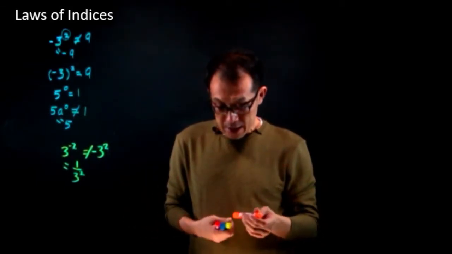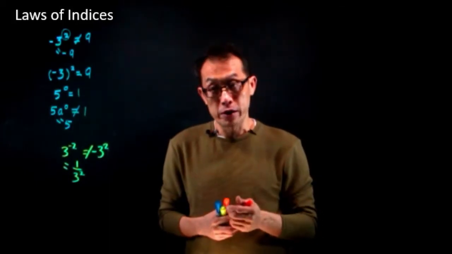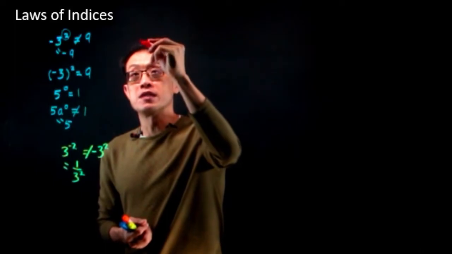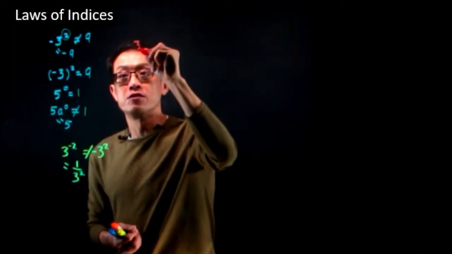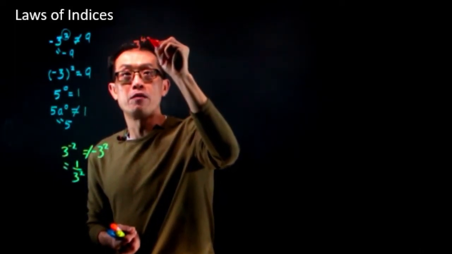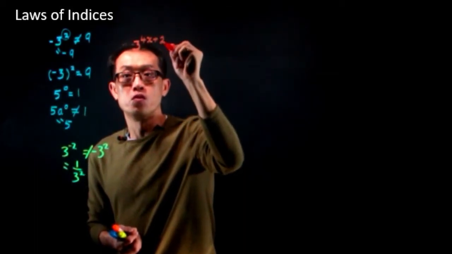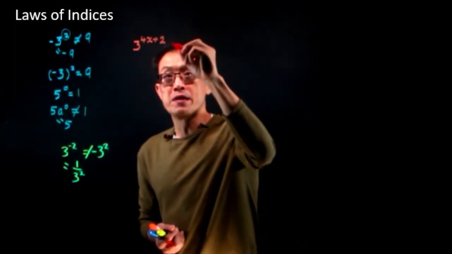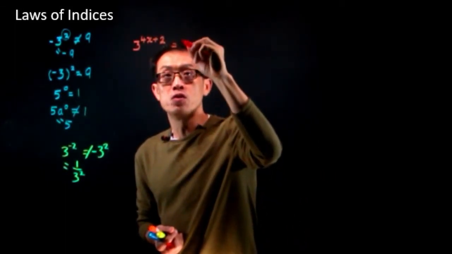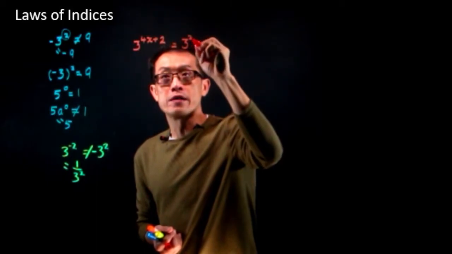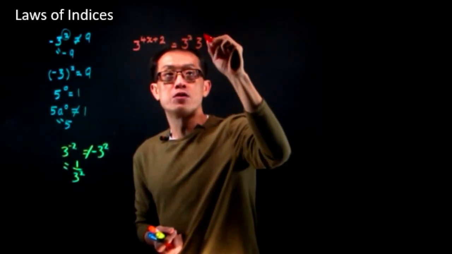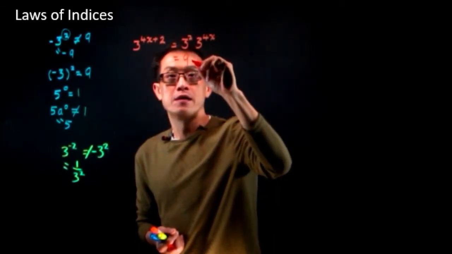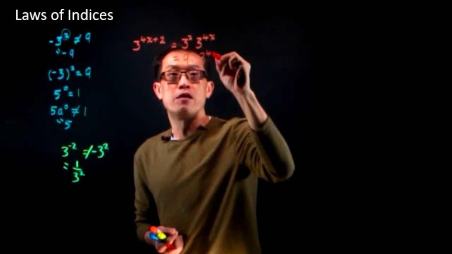Now, next I would like to touch on the important pointers. Now you will come across things like 3 to the power of 4x plus 2. Now this one can be simplified into 3 squared times 3 to the power of 4x, and that is equals to 9 times 3 to the power of 4x.